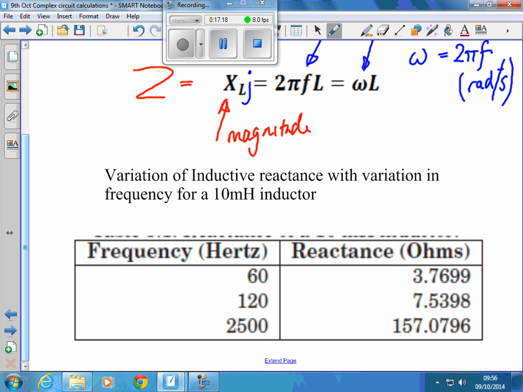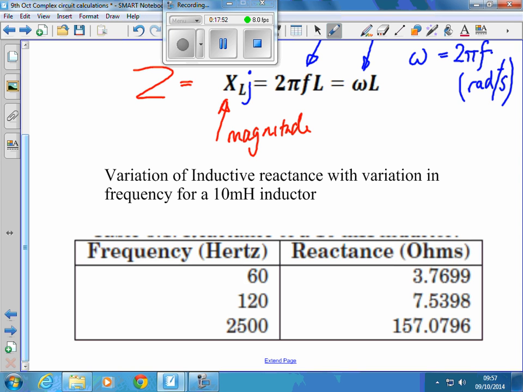At 120 hertz, 7.54 ohms impedance. At 2500, 157 ohms. So as you increase the frequency, the opposition to current flow in that inductor goes up. What's going to happen to the current? Down. Yep. As you increase frequency in an inductor circuit, the current's going to fall.